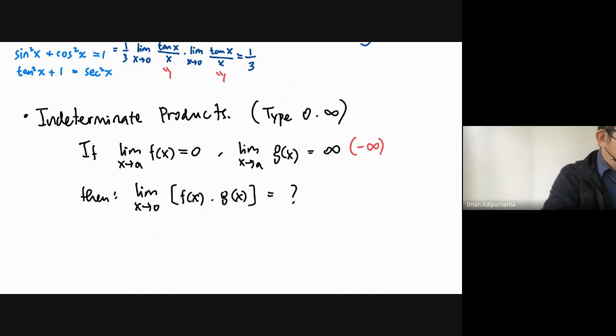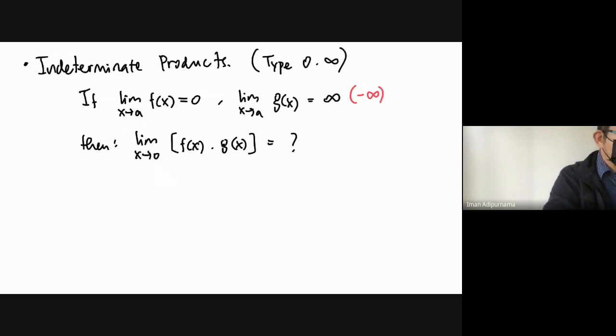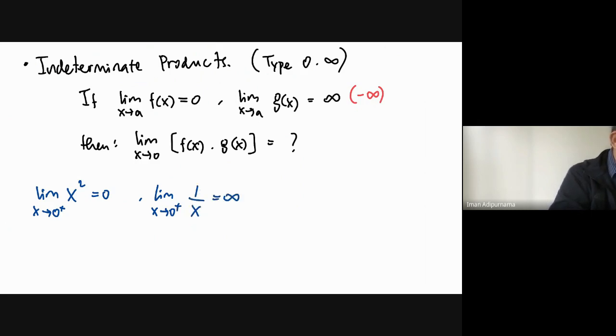Now if we take an example, for instance, let's say we have x squared and then 1 over x. The limit as x approaches 0 from the right of x squared will be 0, right? If we take the limit as x approaches the same number of 1 over x, this will be infinity. If we have the product, we know that we can simplify the form first.